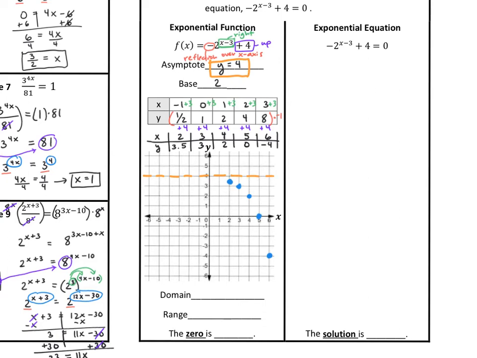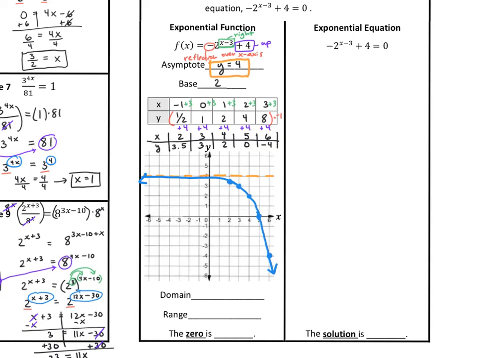It's going to be my asymptote there. And then I'm going to connect the dots. But for an exponential, it's going to look something like this. Let's see if I can finish it here. There we go. That's my exponential graph.